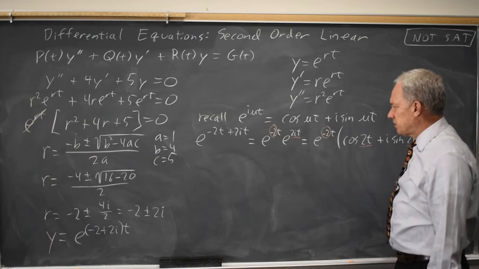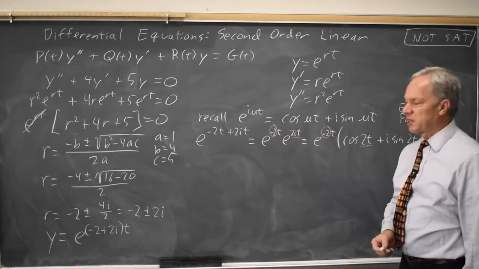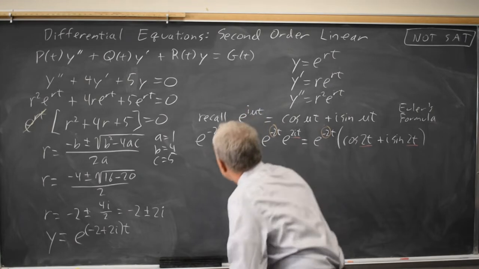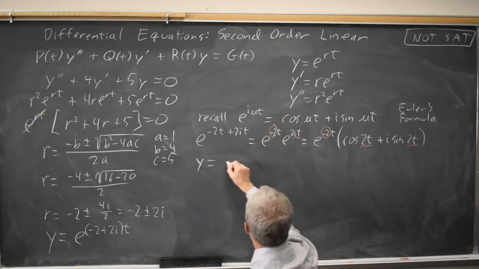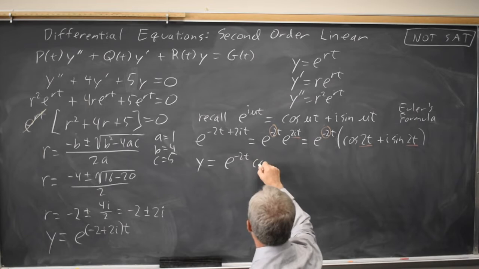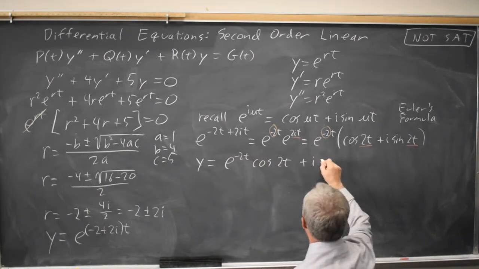I unfortunately chose an example where the real and imaginary parts have the same absolute value. So this gives me a solution y equals e to the negative 2t cosine 2t plus i e to the negative 2t sine 2t.